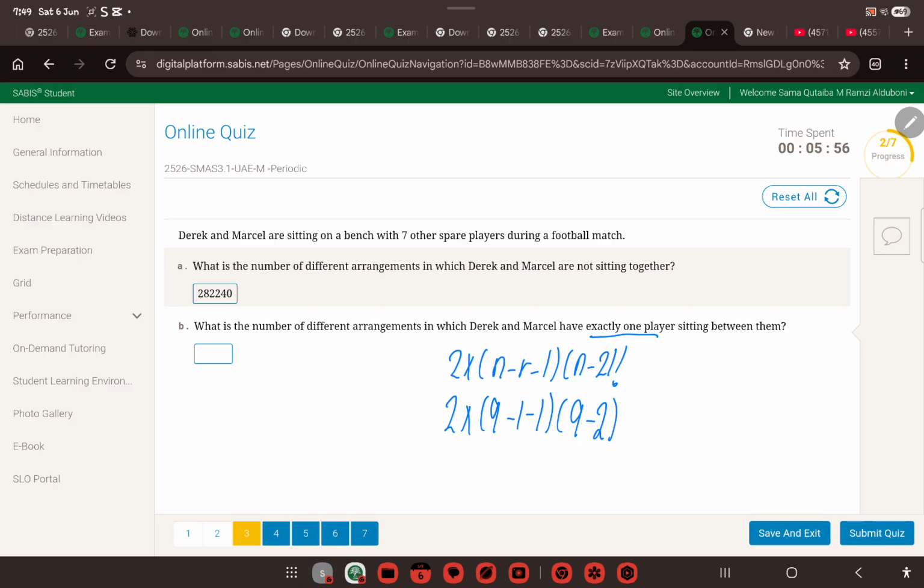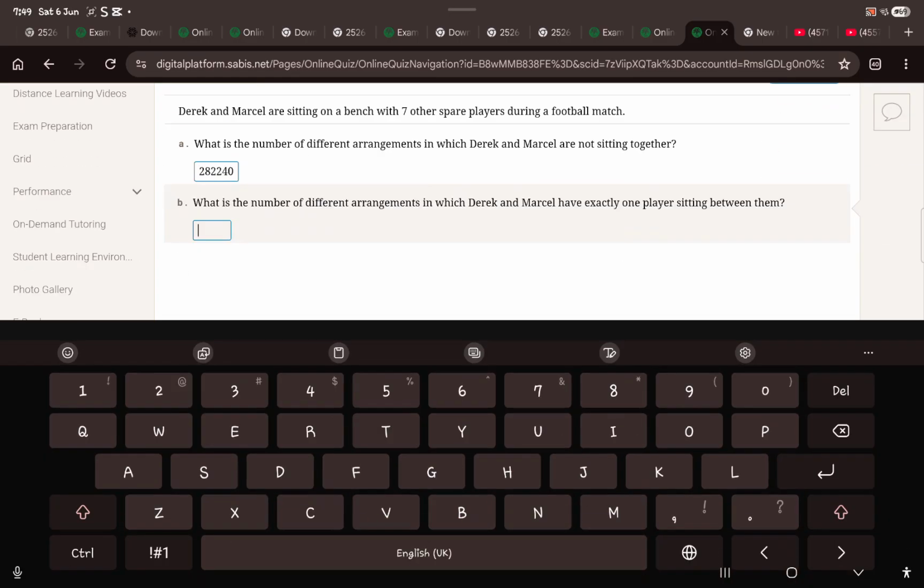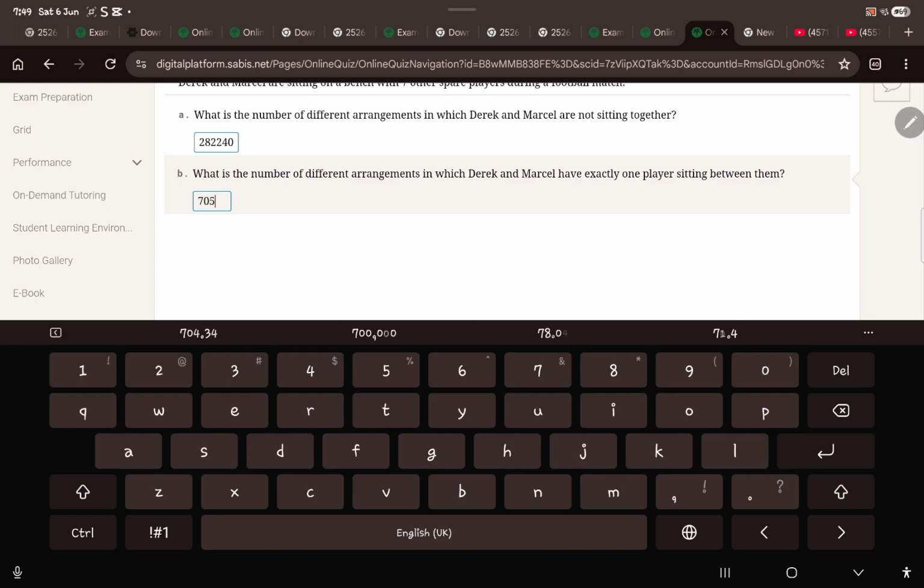And when we put it on the calculator, we should get 70560.